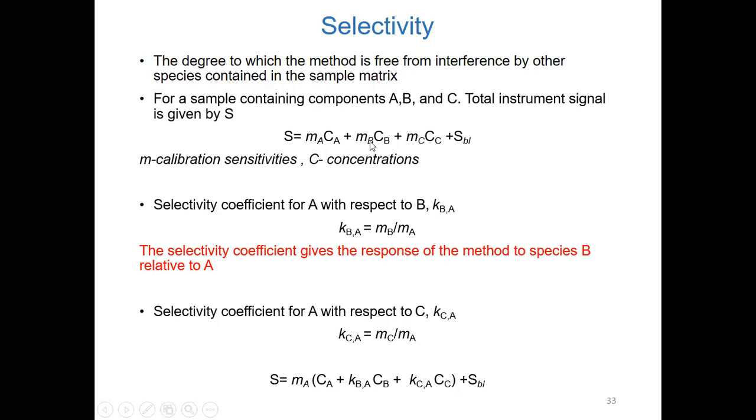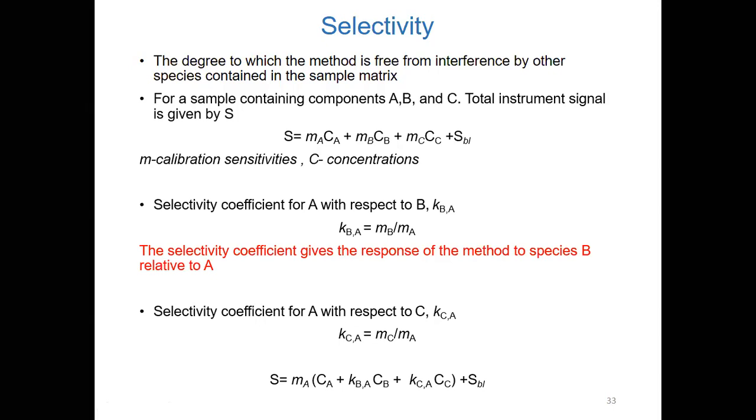Instead of M_B, it has been substituted by K_BA times M_A, right? And similarly, instead of M_C, the selectivity coefficient of A with respect to C times M_A. And this will give an idea, if we know the selectivity coefficients, about the selectivity of this instrument for the analysis of A.